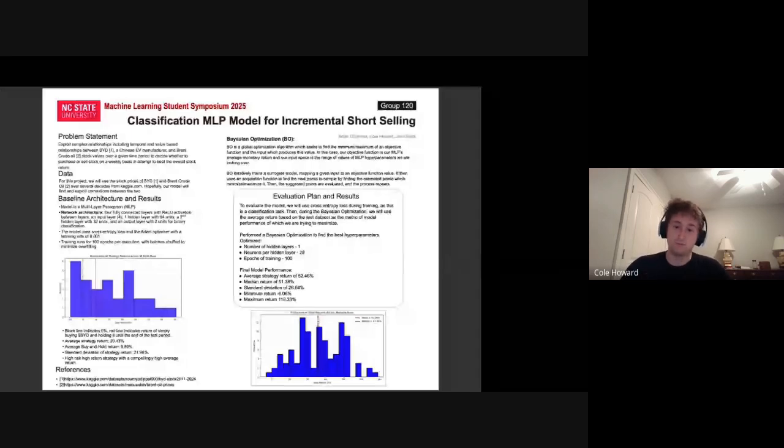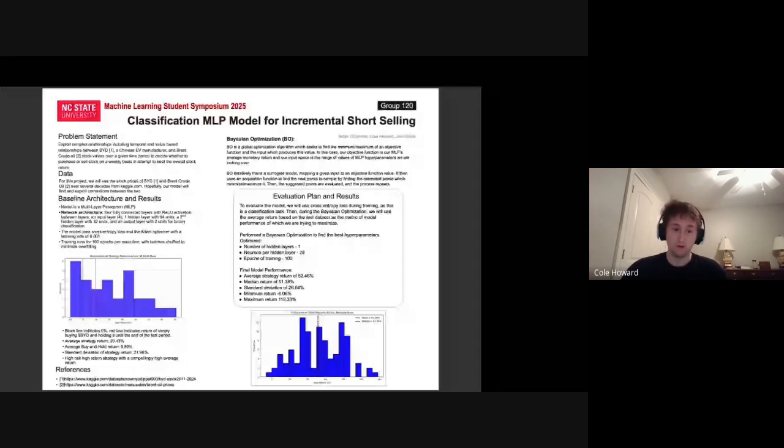And so after we performed this Bayesian optimization, we actually found that using 1 hidden layer was better than the previous 2. And this hidden layer was best with 28 neurons and 100 epochs of training. And so we can see in the final figure on the bottom here that our model's performance significantly increased.